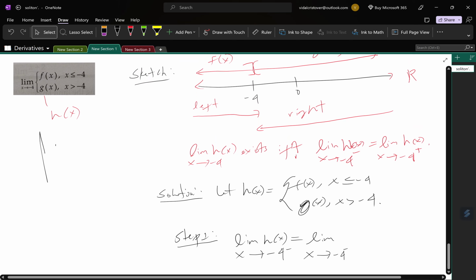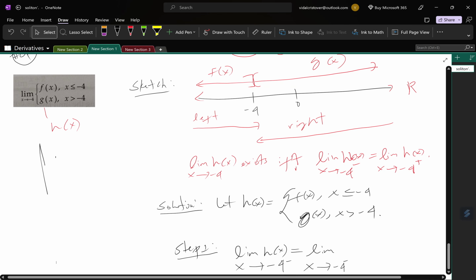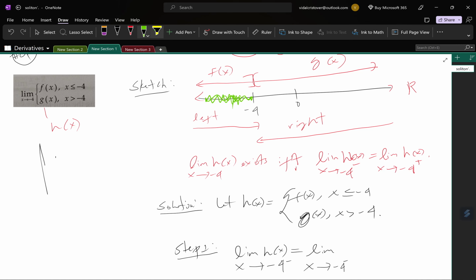Now, according diri sa to ang definition, kung ang imong x is less than or equal to negative 4, meaning naa siya sa wala sa 4, no? Kung ang imong mga x kay naa sa wala sa negative 4, ang gamiton nimo nga function is f of x according diri sa to ang drawing sketch. So, mahitabo is f of x man.